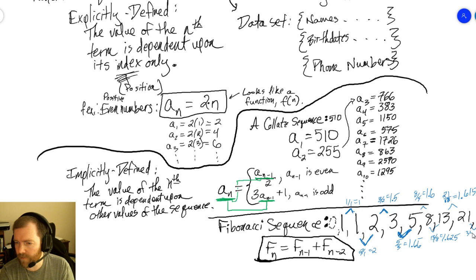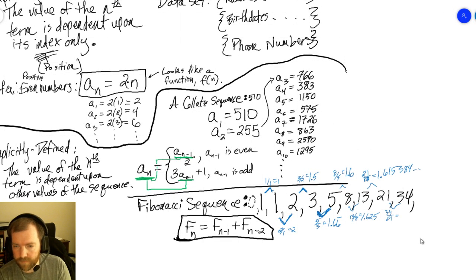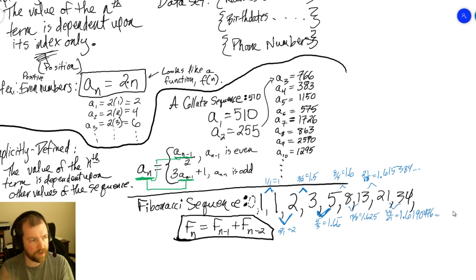And 34/21. That's off the page now, so that is going to be 1.61904766, and of course keeps going on infinitely after that.